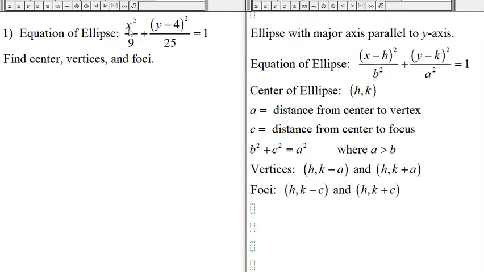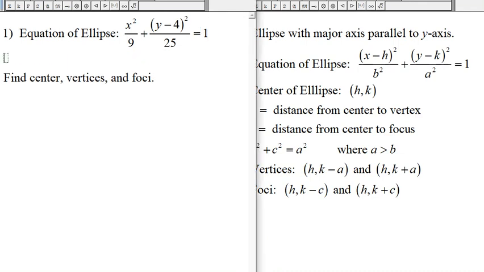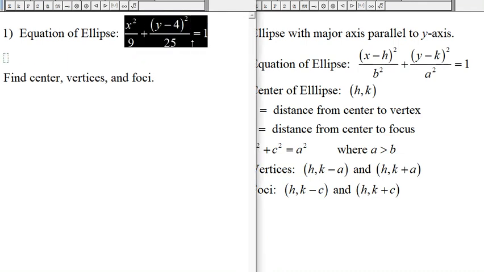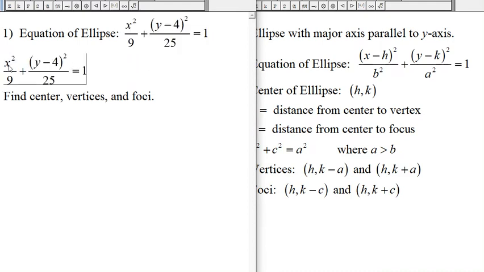And now let's look at an example. So here we have the ellipse x squared divided by 9, and then y minus 4 squared divided by 25. Now, if we want the equation to look like this form, we can modify it a little bit, where we put in x minus 0 squared. Now it looks like this form. The first thing we do is look at the two denominators and look for the larger of the two.